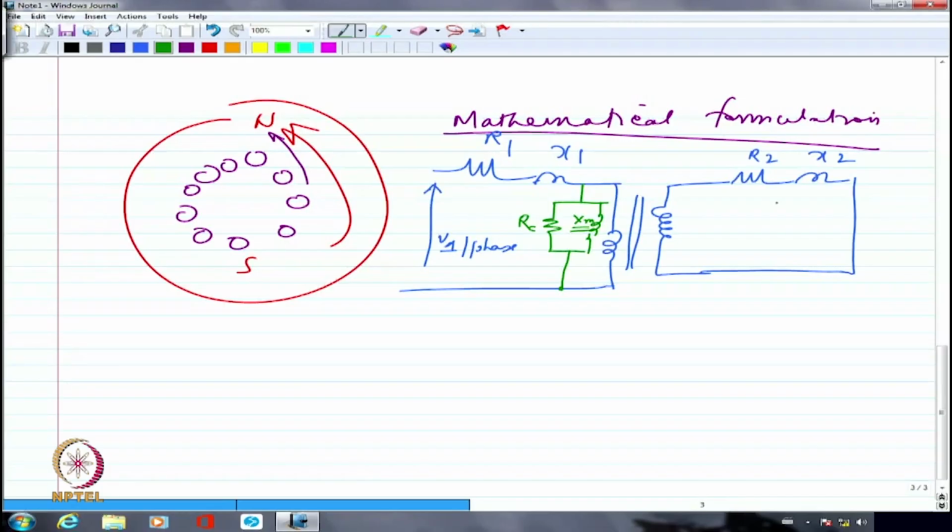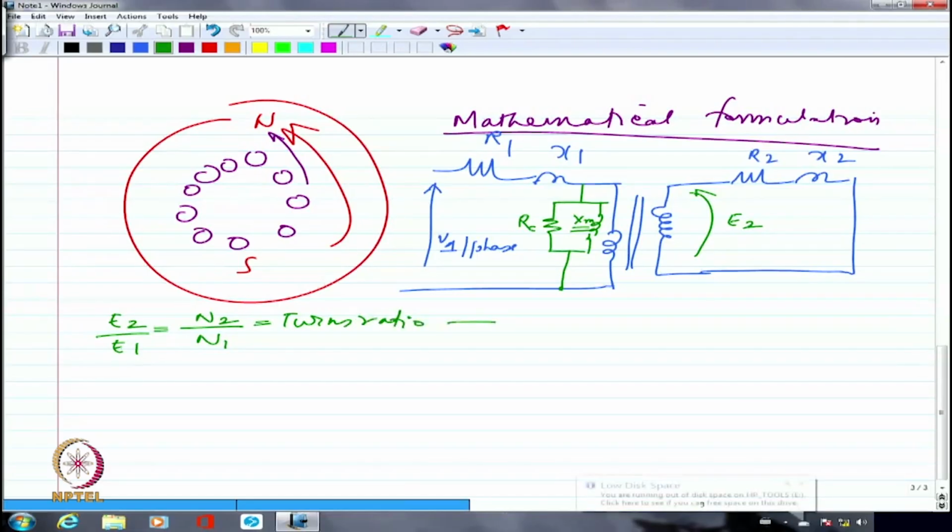Now I'm going to have this EMF which is induced as E2, and I'm going to have E2 by E1 equal to N2 by N1, which is the turns ratio. But this is true under standstill condition. And all of you know the equation for E1 and E2 also clearly.